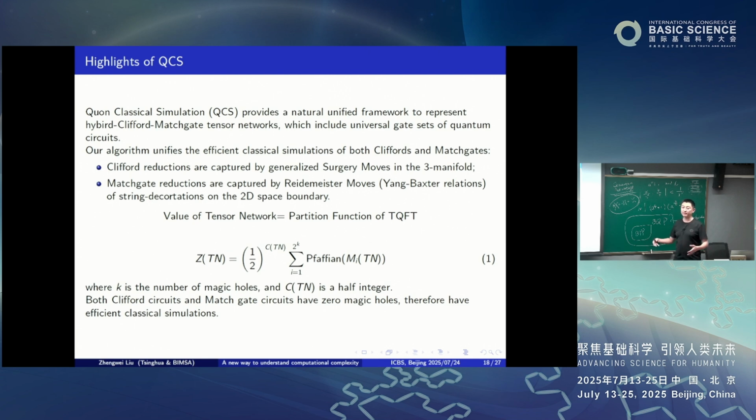So we find tools to compute the partition function in TQFT, and we can write down the value of the tensor network as a state sum. Usually the TQFT has a very big state sum, which is exponential. But we have new ways to reduce the computational complexity at the level of TQFT. Essentially the exponential complexity K is given by the number of magic holes.